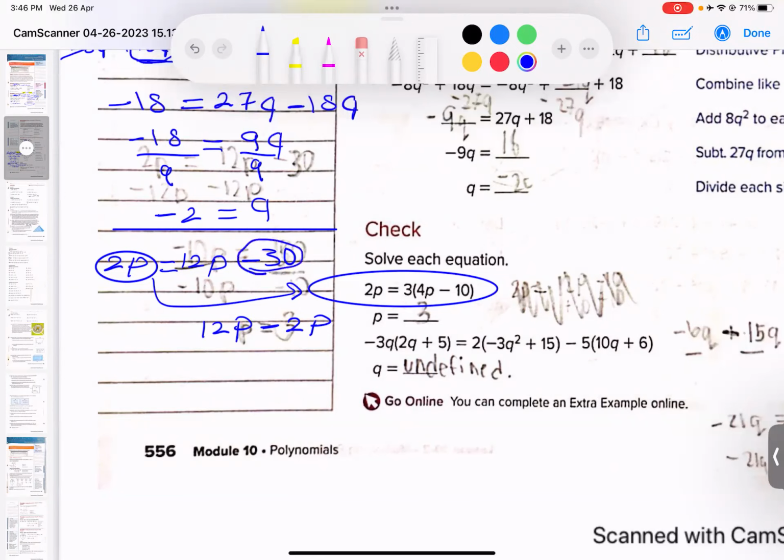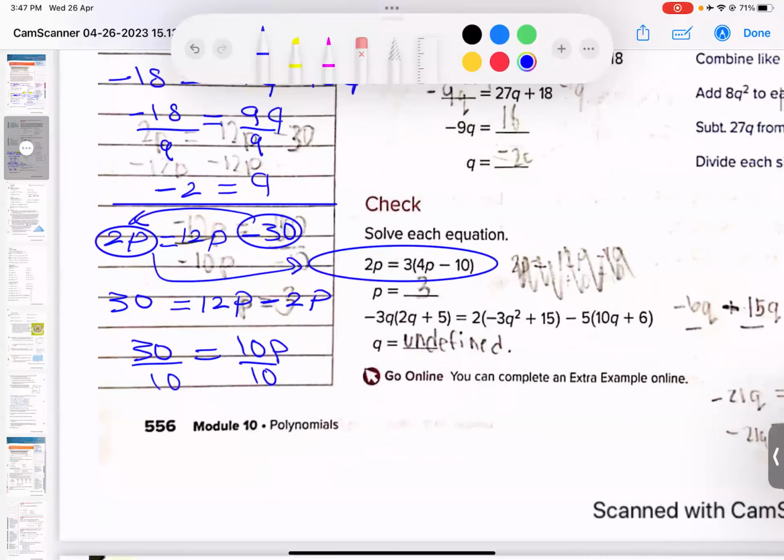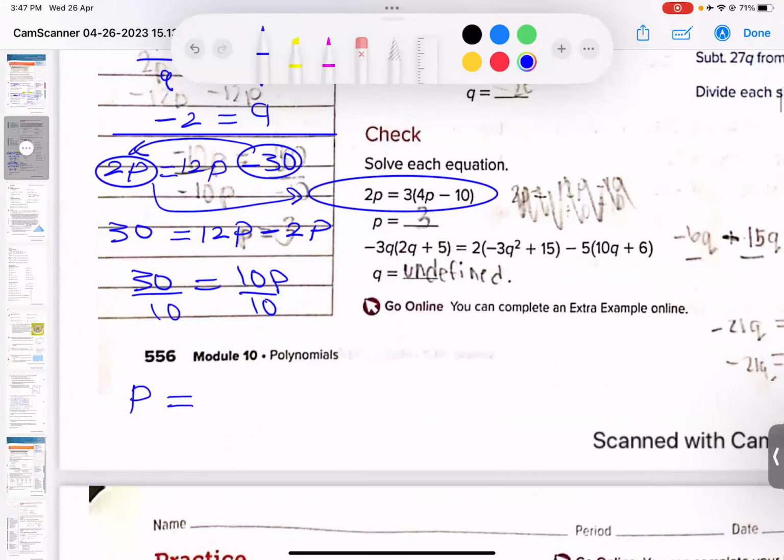What about negative 30? I'm going to move it to the other side, so it's supposed to be positive 30. So if we try to subtract 12p minus 2p, that's 10p, equal to 30. Let me try to divide every single part by 10 because I want to get p by itself. I don't need the coefficient, so I want to get rid of that. So let me try to divide every single part by 10. So p equal to 3.